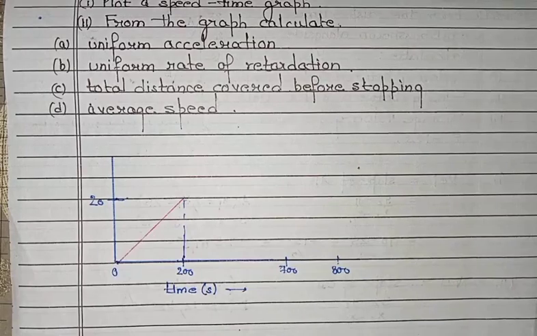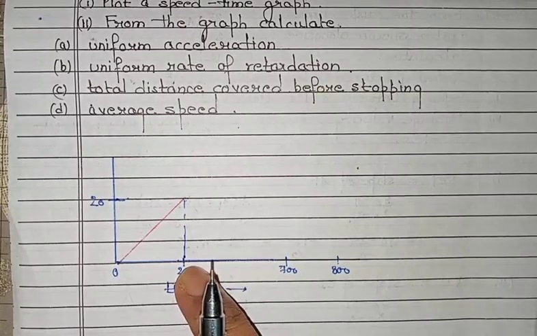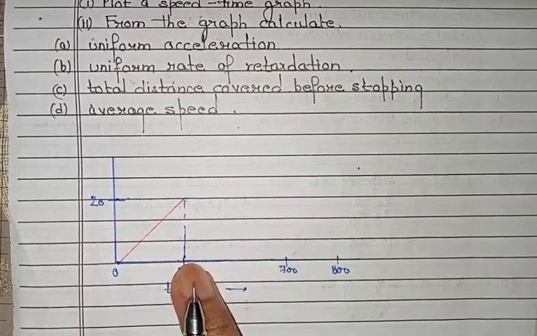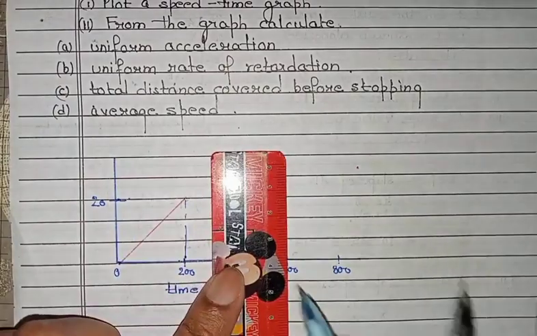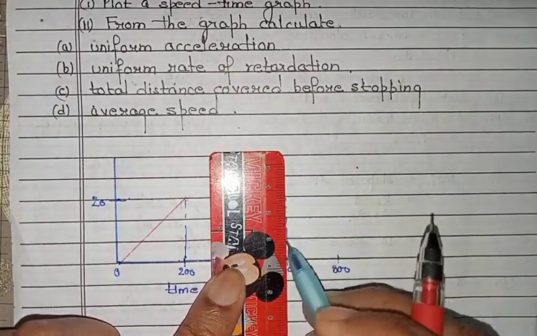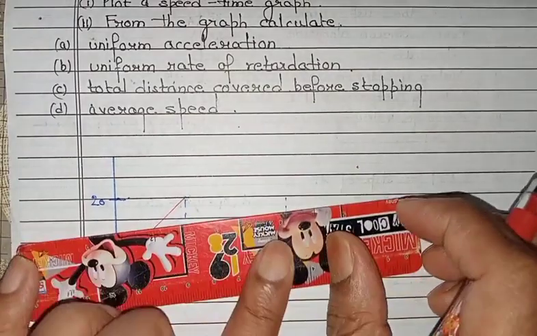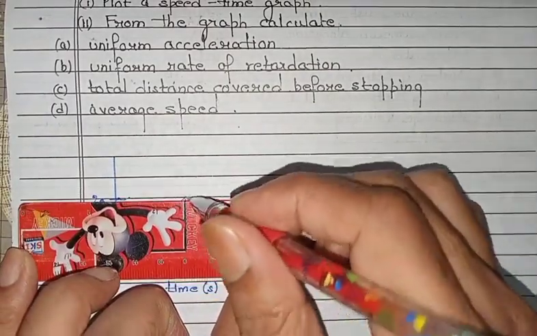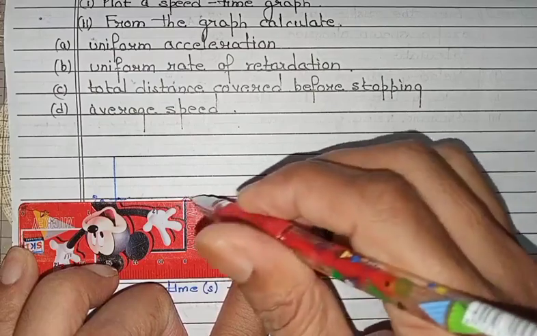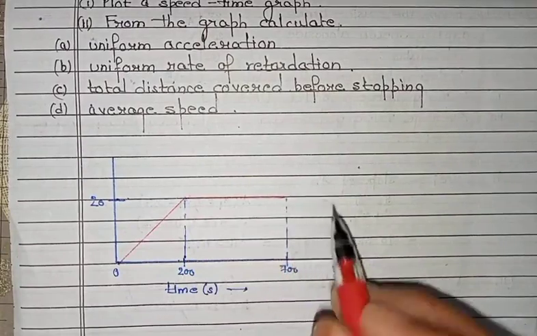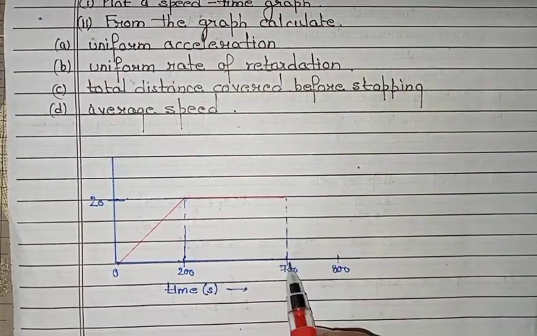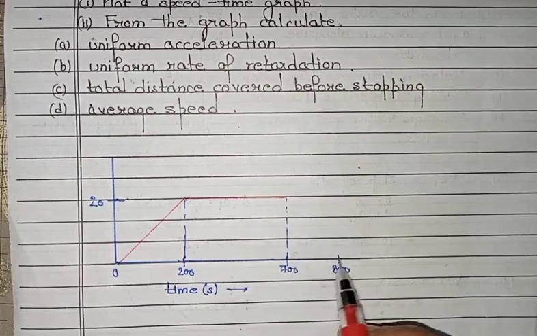After this they are saying there is a uniform motion for the next 500 seconds. So for the next 500 seconds, that is by the end of 700 seconds, speed remains unchanged. It's a uniform motion like this. So first it's like this, then it's like this, and then for the next 100 seconds it is a retarded motion.